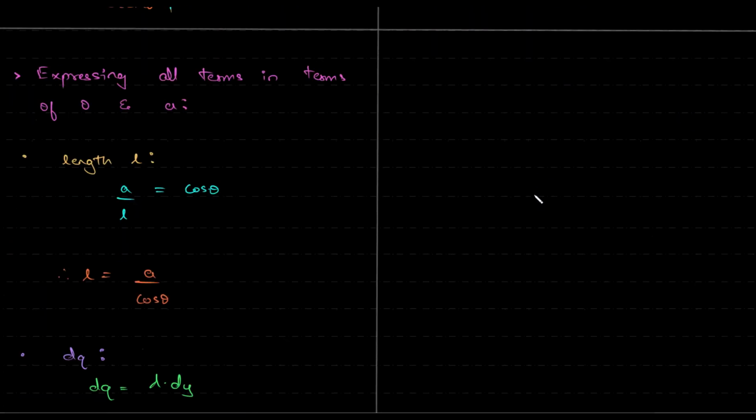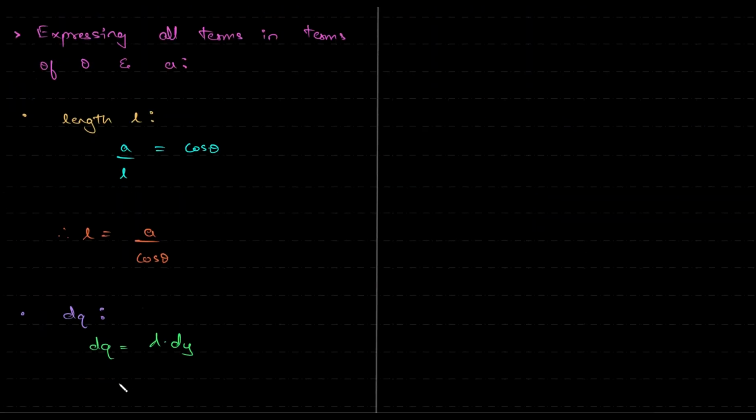So from the figure, y by a is equal to tan theta. So y is equal to a tan theta, but we want dy.